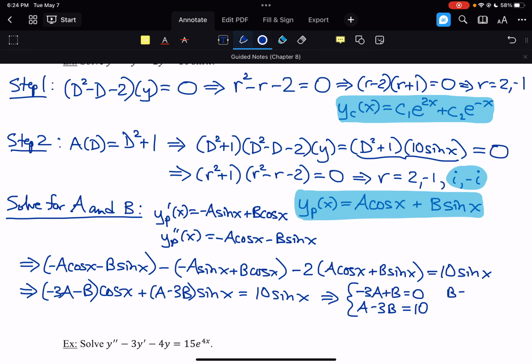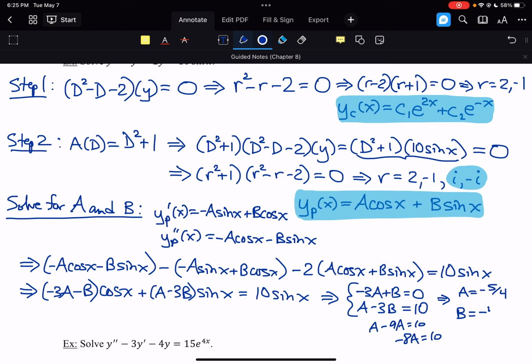So this one tells us B is 3A. So we get A minus 9A equals 10. Negative 8A is 10. Okay, so no, we're not getting 1 and 3. We're getting some fractions in here. So A will be negative 5/4, and B will be 3 times that.